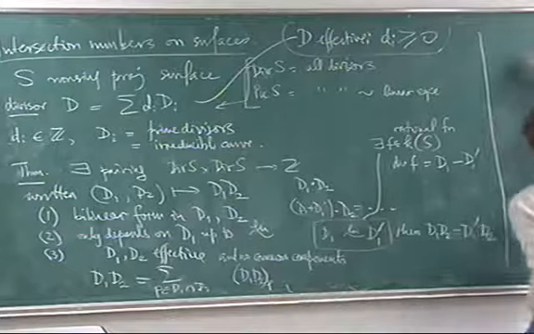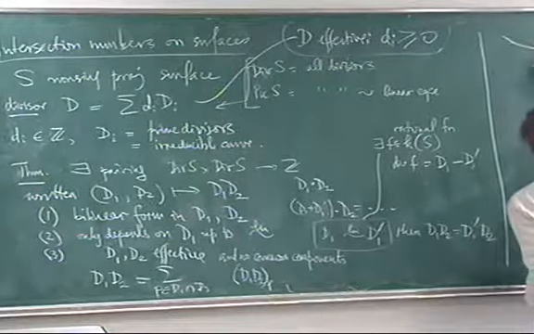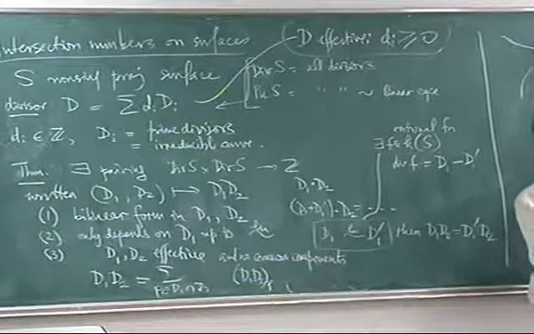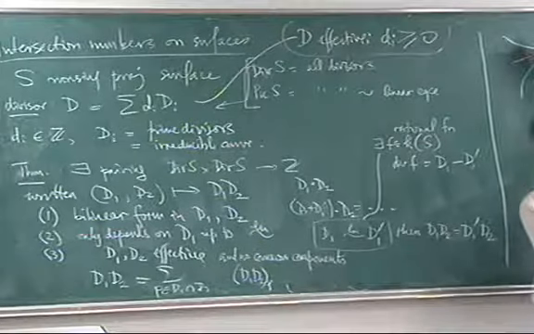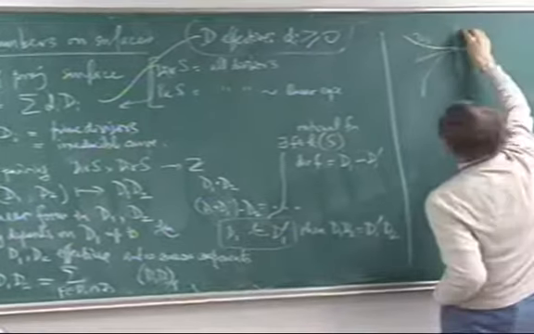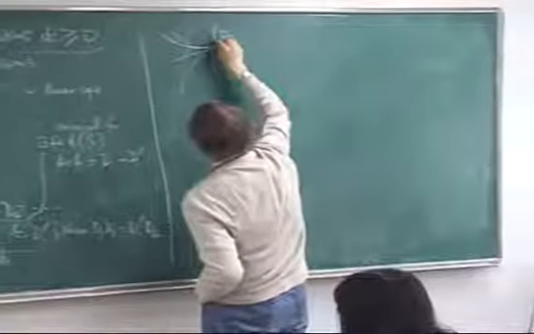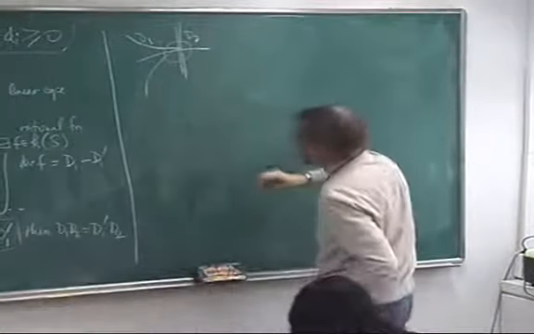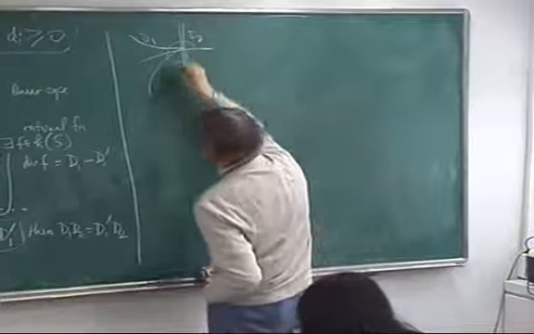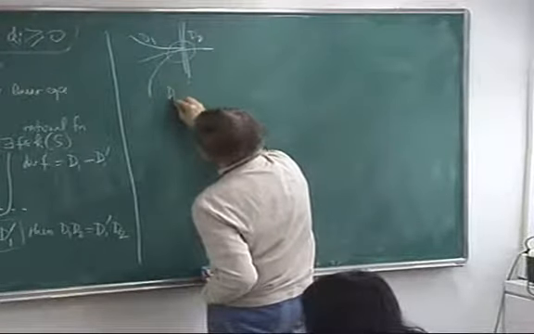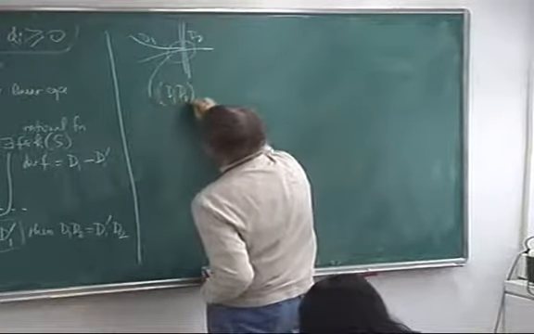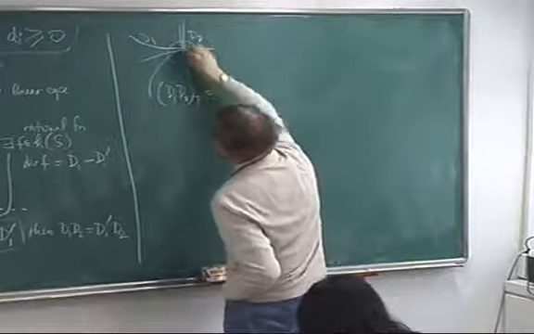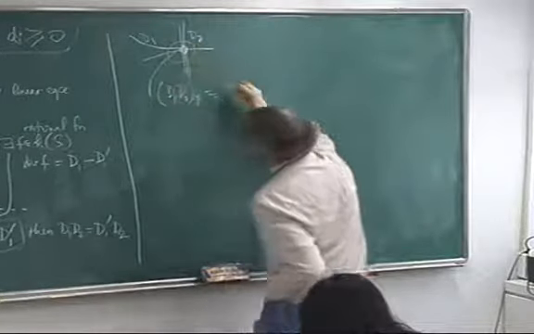What's happening here is, here's my D1 and here's my D2. If they're both meeting at some point here, then I want (D1.D2) at P to be something that measures the multiplicity of intersection there.